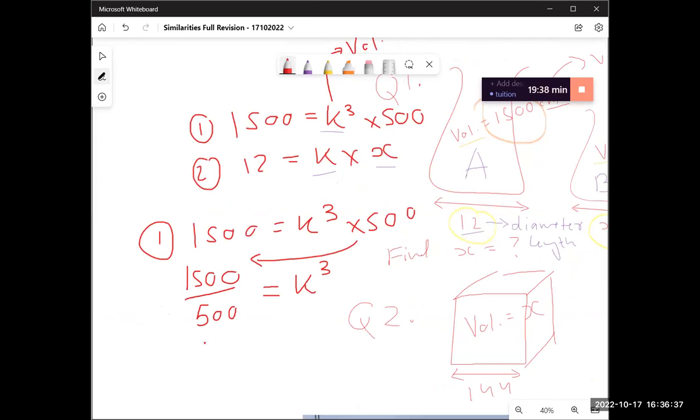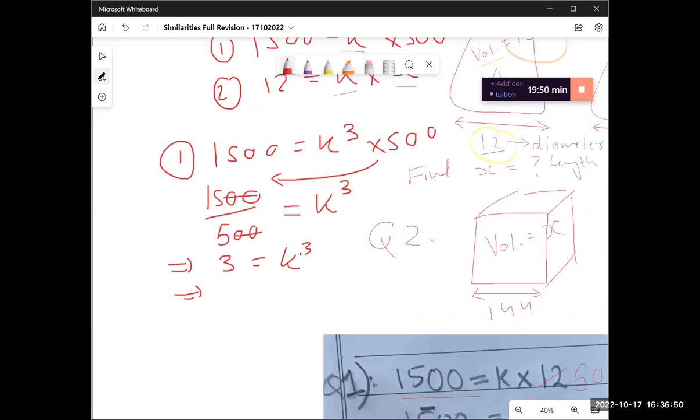Now, what is 1500 divided by 500? 3. So K cube is 3. What is K then? K will basically be the cube root of 3. Any questions? No. Now, second part, we'll just put 12 is equal to cube root of 3 into X.